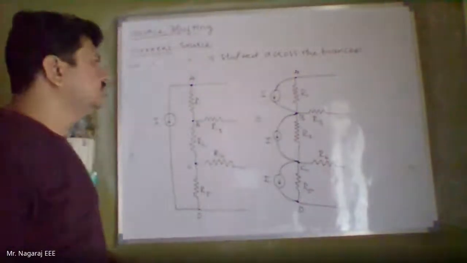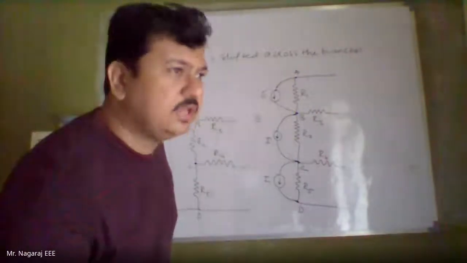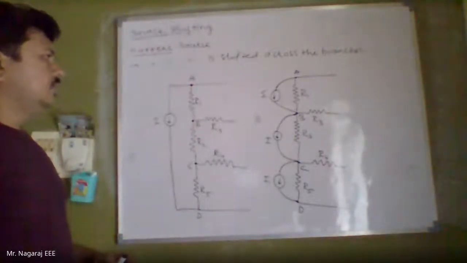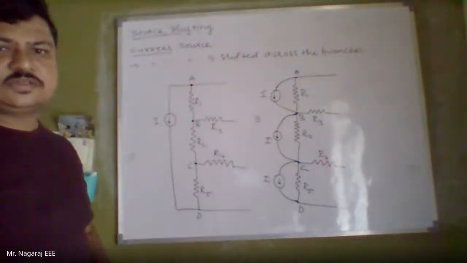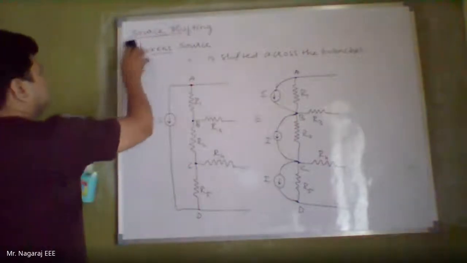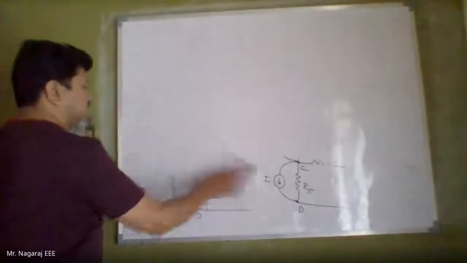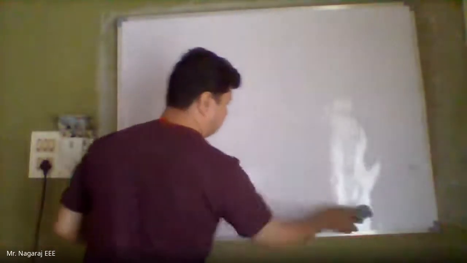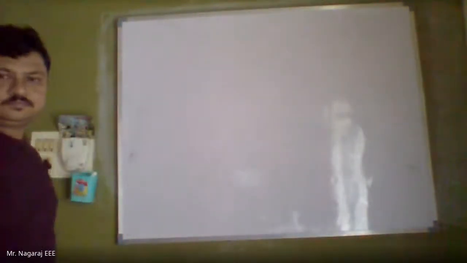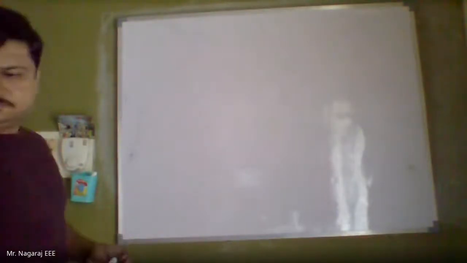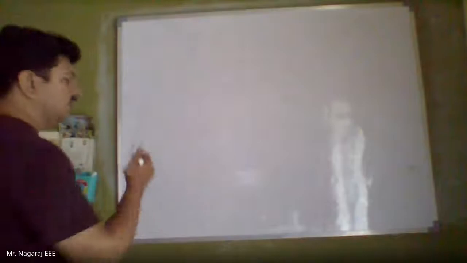Okay. Now next we will move to finding the equivalent resistance of star and delta. You can take star delta transformation.